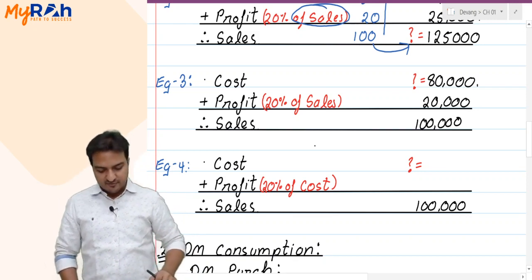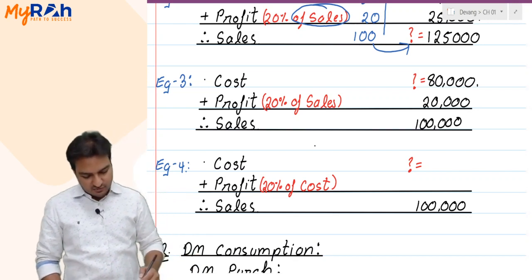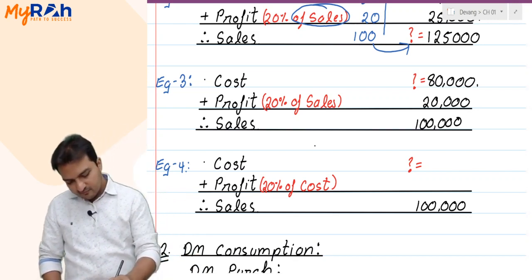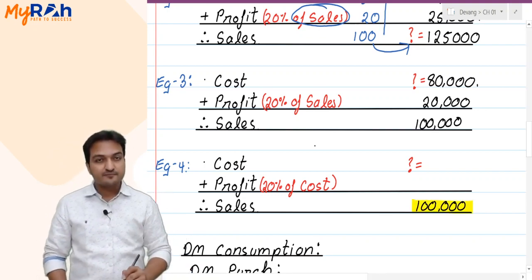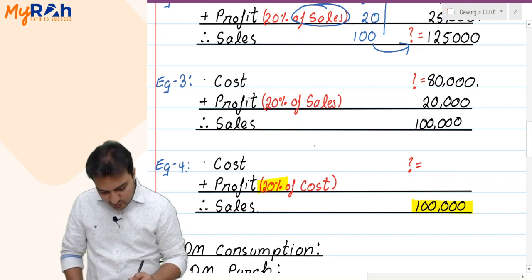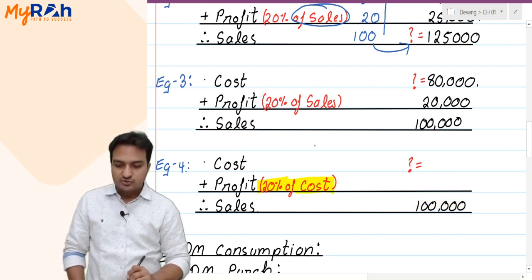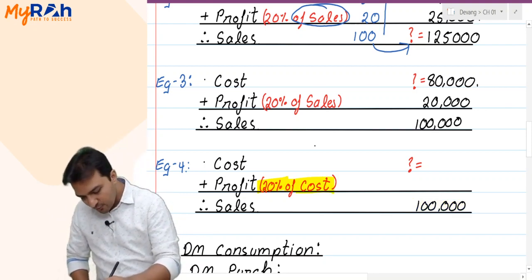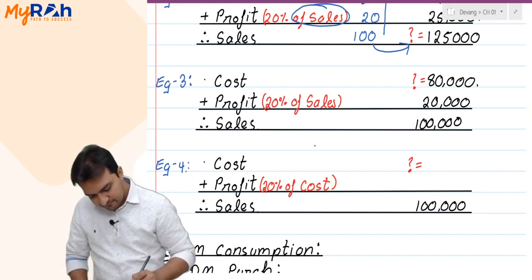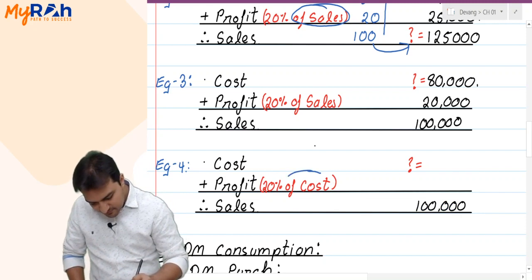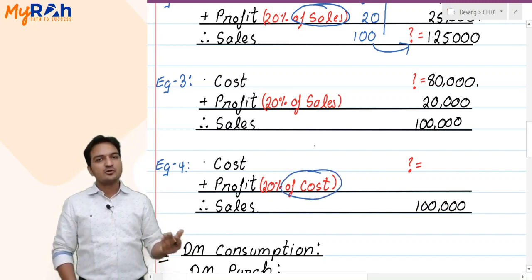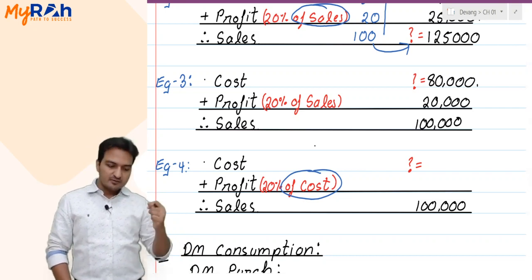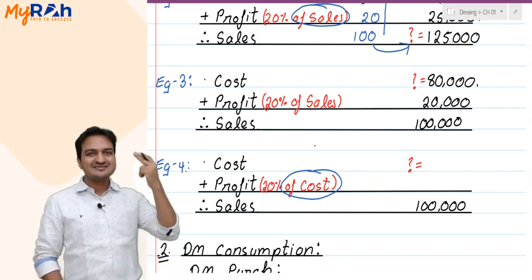This becomes example 3, but example 4 is again new. Dekho, this time again sales is given as 1 lakh and profit is given as 20% of cost. Notice again this time, your profit is given as percentage of cost, and the cost is missing. What should I do? Do the same thing, same rule that you did in example 2 above.